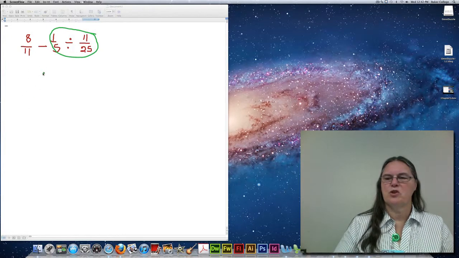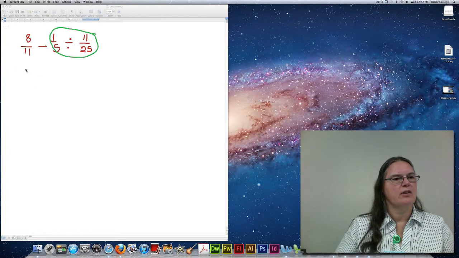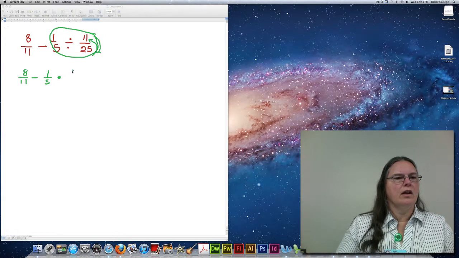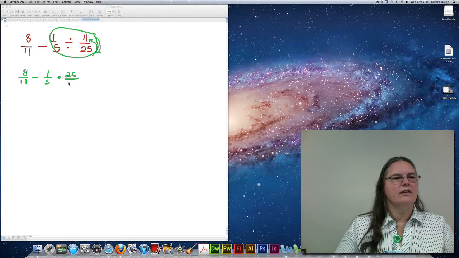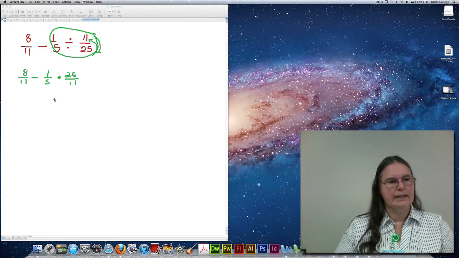I always think of subtraction and addition as a stop sign. So 8/11 remains here, minus 1/5. Create a multiplication problem by the flip it over rule, remember? And we'll have 25 over 11, it's called the reciprocal, right? Now let's reduce if we can.